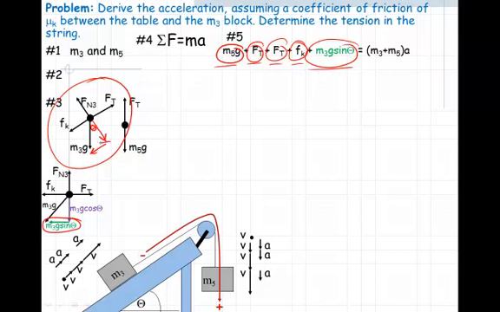So this component is really that component there. That is along the line of action, which is, in this case, pointing in that direction. So that's why M3G sine theta is one of our forces, or at least a component of one of our forces along the line of action.